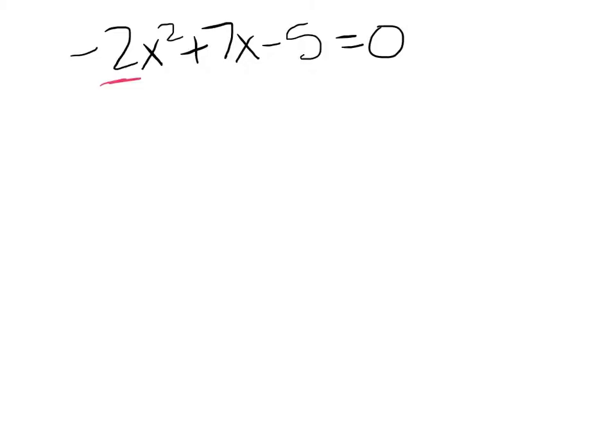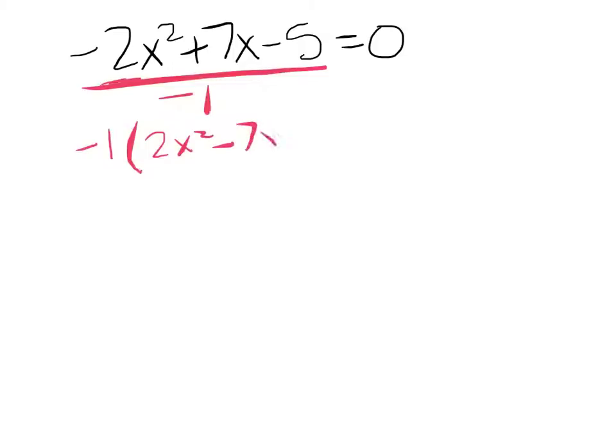So the best thing to do is to factor out the negative before you do anything else. That means we're going to divide everything by -1. We're going to factor it out. So we get -1 times 2x squared minus 7x plus 5 equals 0.